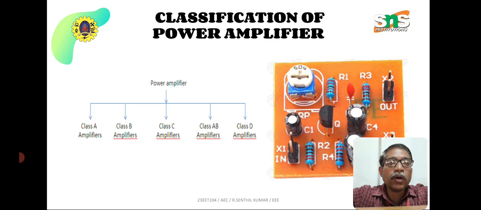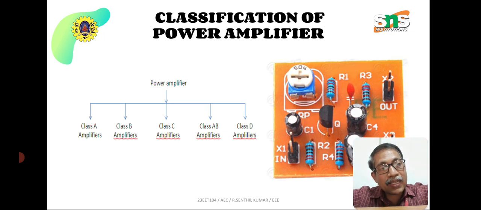Suppose the input waveform is AC sinusoidal and the output also remains the same full sine waveform, then it is Class A. Suppose the output waveform is only the positive half cycle, then it is Class B. Suppose the output waveform is less than the positive half cycle, it is Class C. Depending on how the output waveform is shown, the amplifier is classified as A, B, C, and D.